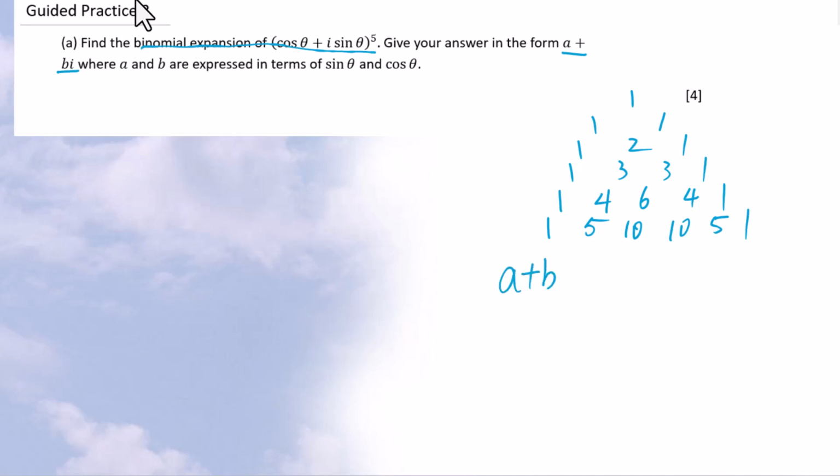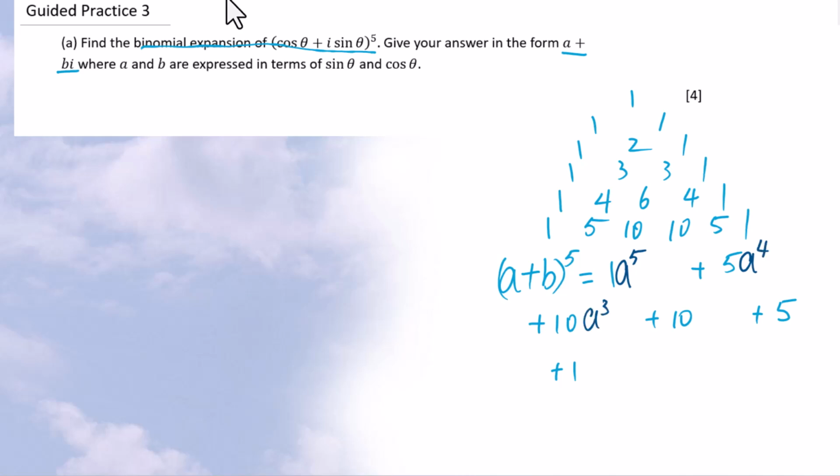For (a + b)^5, the coefficients are 1, 5, 10, 10, 5, 1. The powers of a are a^5, a^4, a^3, a^2, a, a^0, and the powers of b are b^0, b, b^2, b^3, b^4, b^5.